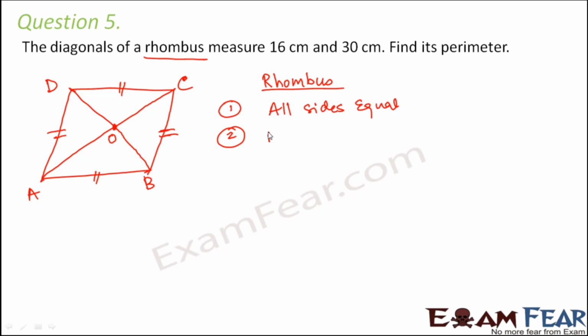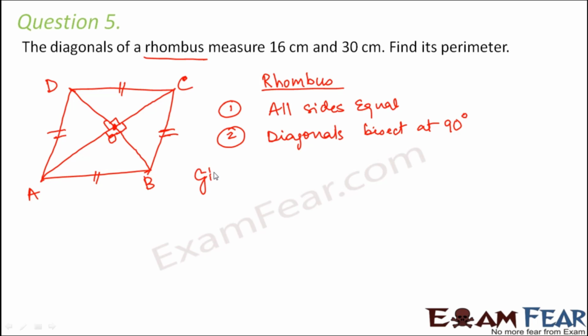The second property is that diagonals bisect each other at 90 degrees. That means the diagonals are perpendicular to each other. This is 90 degrees, this is 90 degrees, this is 90 degrees, this is 90 degrees. So that way we see that each of these triangles is a right angled triangle, whether you talk about triangle AOD or triangle COD.